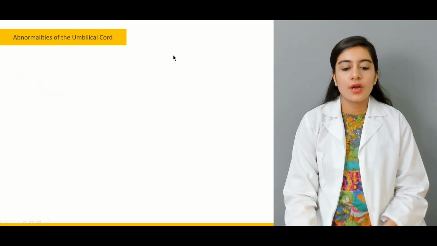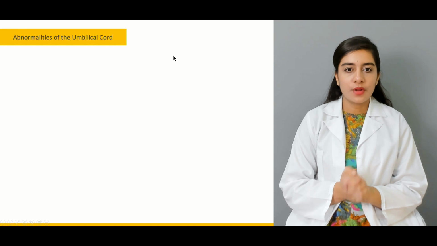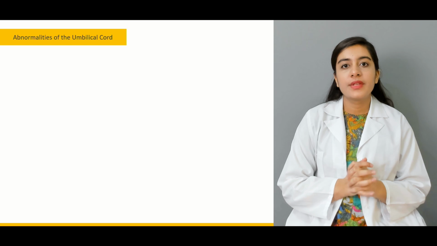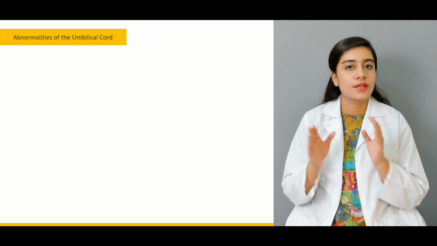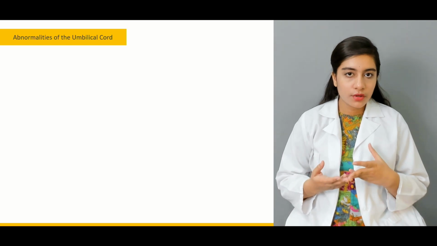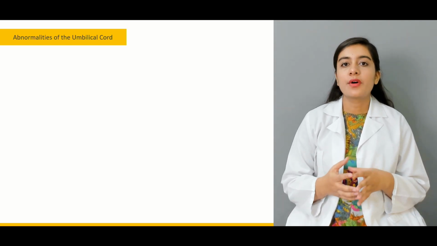Okay, so now we will be discussing the abnormalities of the umbilical cord, but before that, there are different sizes of placenta, depending upon the growth of the fetus and the time of the pregnancy.